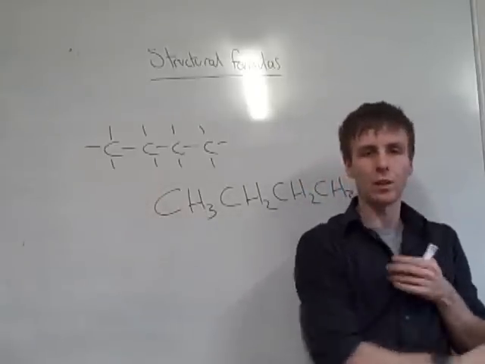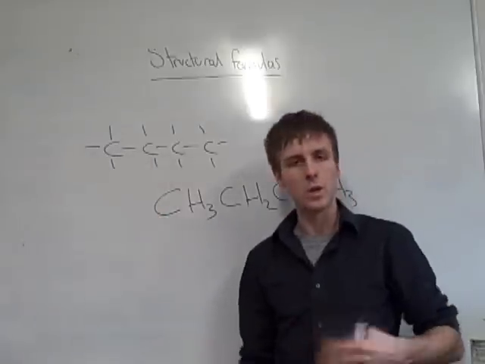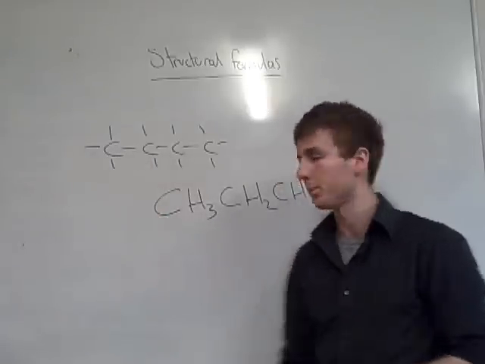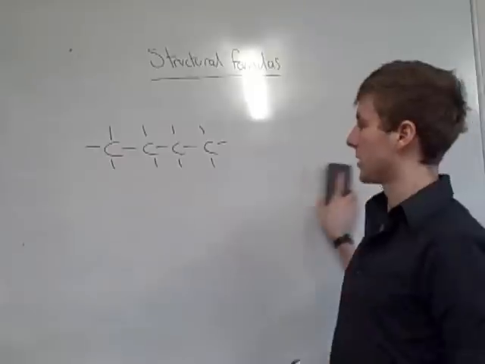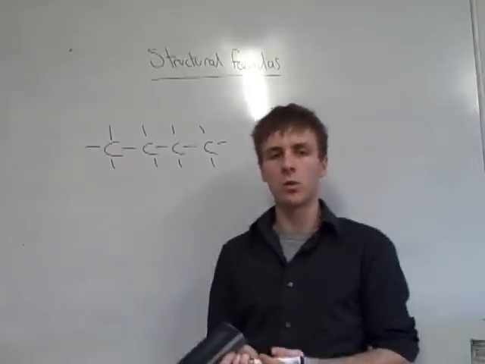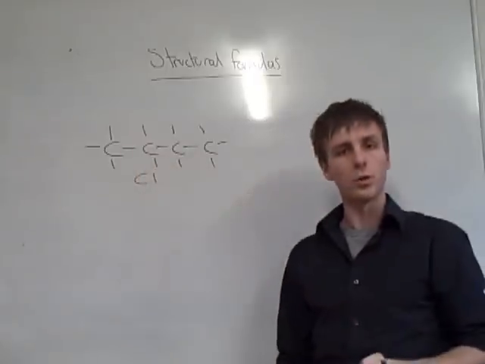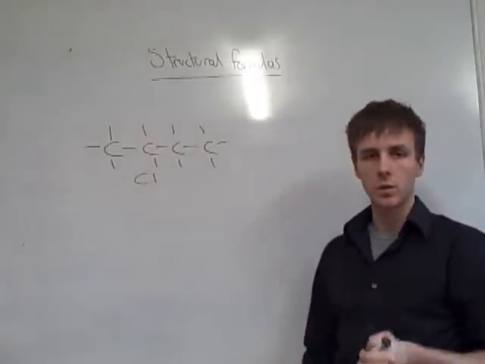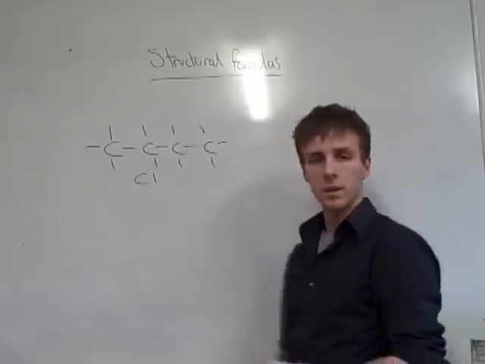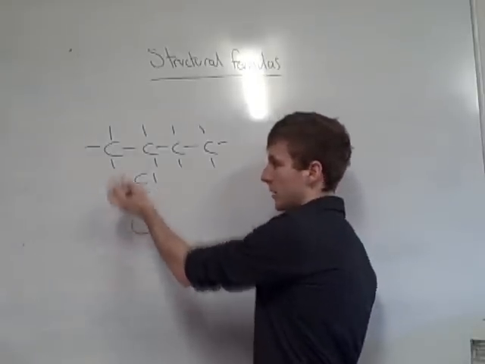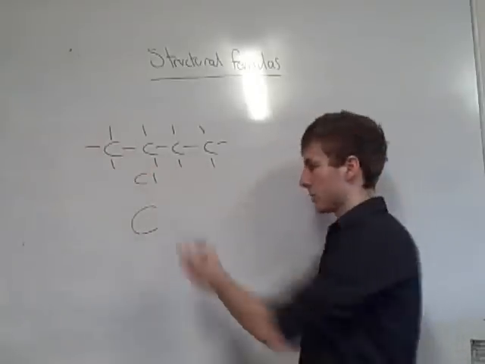There's lots of extra little things we can add on to this, and we need to know how to write those as well. So my second question is, how would I write down the structural formula of chlorobutane? And here's how I'd answer it. Again, I write down the carbon, and that's got 3 hydrogens attached to it.